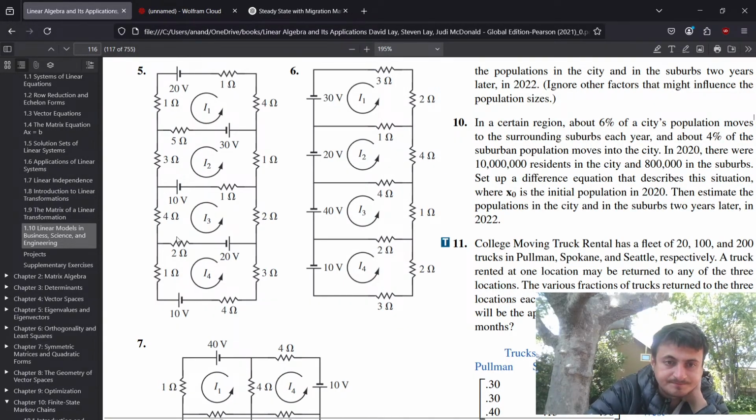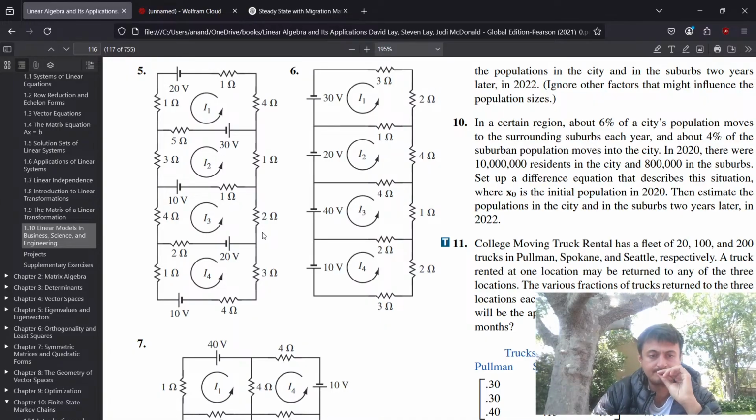So this one, current is flowing this way. So I think we're going to get 30 is equal to 6 plus 2 is 8, 9I3 plus I2.